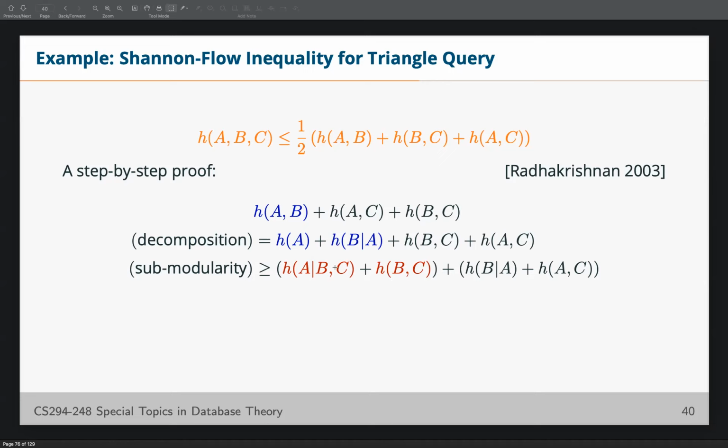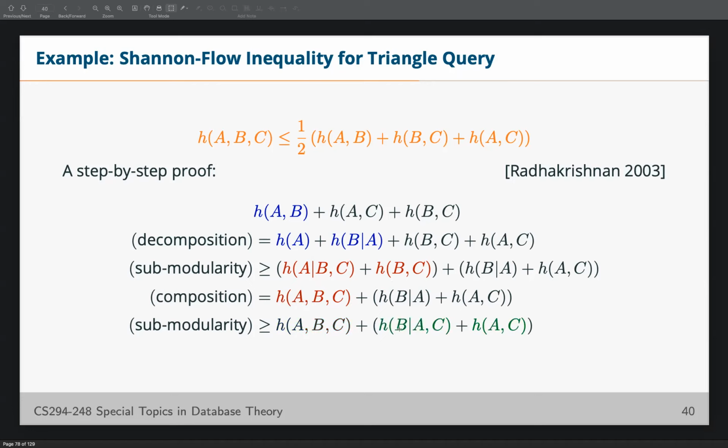Now you see that this becomes H of ABC, because H of A given BC plus H of BC is H of ABC. This is called composition. So now we compose it into H of ABC. The next thing is applying submodularity again.